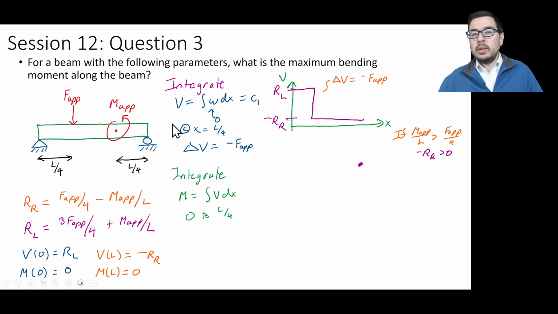We have a constant shear, so that means that we're going to have a first order moment, and the slope is RL, so it's going to be RL x plus C2. And from this boundary condition, M of 0 is equal to 0, we see that C2 is going to be 0. And we're just left with this slope times x.